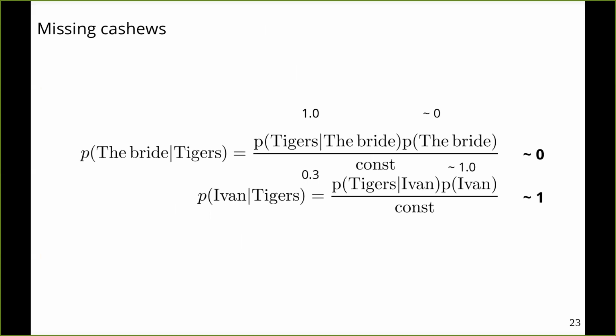So now I can see that the probability of the bride or Uma Thurman stealing the cashews, given the tiger's print, is equal to this likelihood here, which is 1, times the a priori probability of Uma Thurman being here, and as Momo pointed out to us cleverly, is that probably she never stepped her foot in the NSO. And I mean, to be completely honest, the bride is a fictional character, so we can't really have any a priori probability of her committing this particular crime, right?